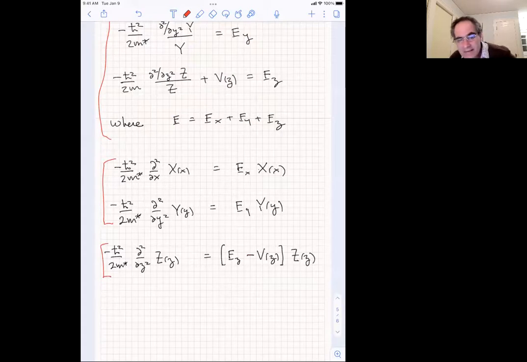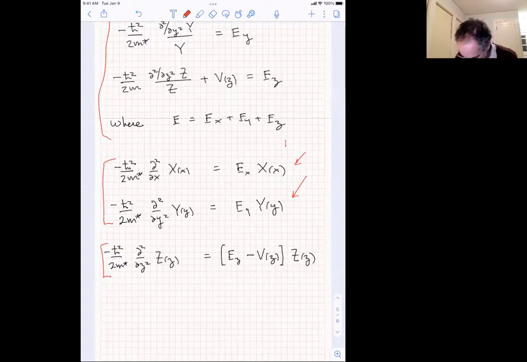Now, let's interpret these. Let's look at the first two equations. Now, do you notice what these look like? These look exactly like Schrodinger's equation for a free particle that can move in the x direction and for a free particle that can move in the y direction.